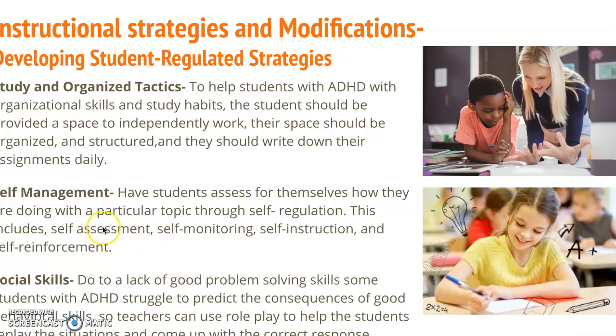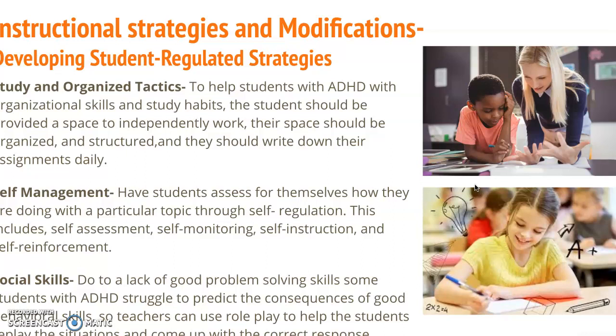The student can tell the teacher, or realize, how they feel about the topic. Do they understand it? What do they feel they're doing well on the topic? And what do they feel they need more help on? The self-instruction, what do they need more of?